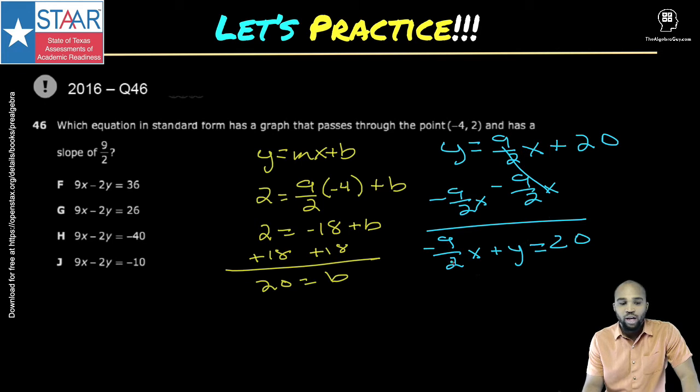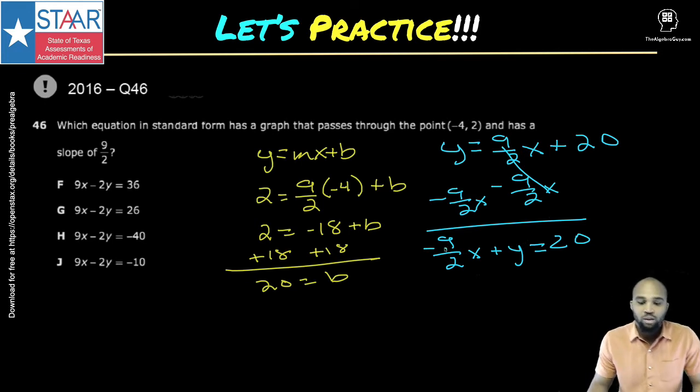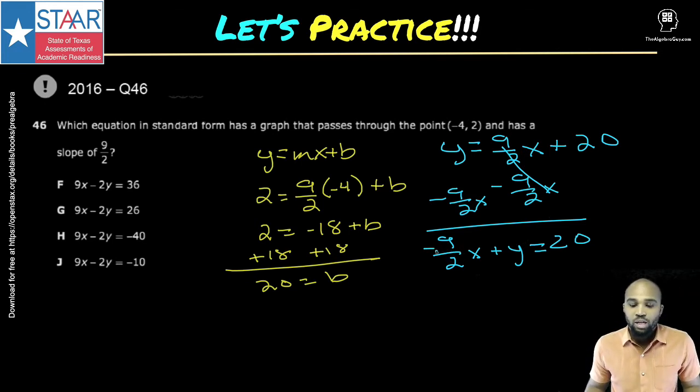Well, remember, we can't have a fraction and it can't be negative. We want to keep this positive, especially this A value. So to do that, I'm going to multiply everything by -2, this side by -2 and this side by -2. Doing so cancels out this 2. 2/2 is 1. A negative times a negative is a positive, so I get a positive 9.